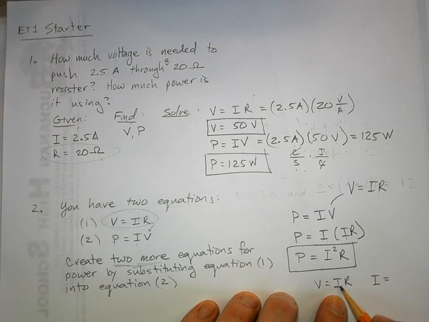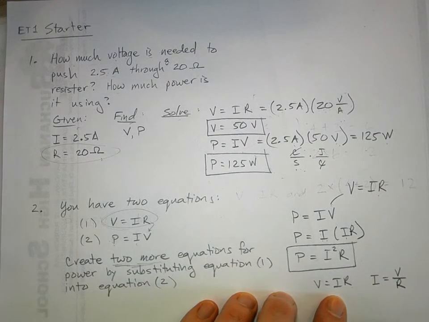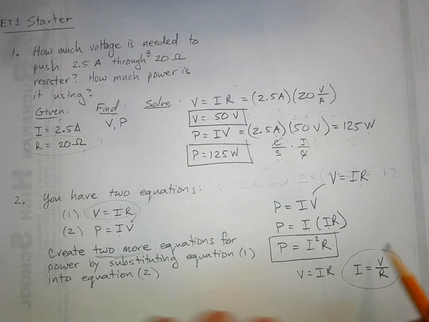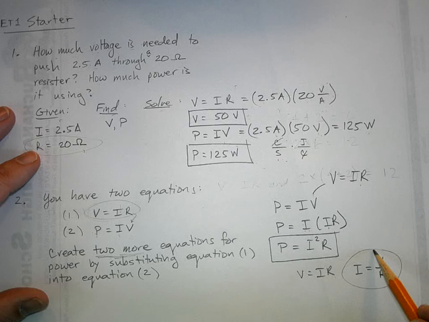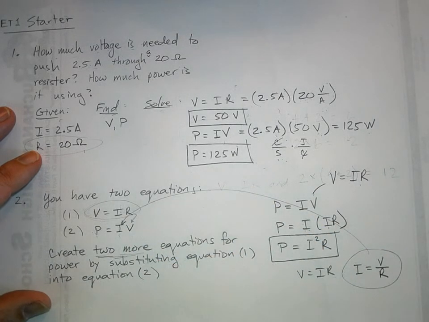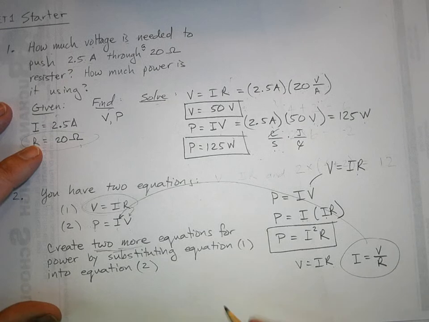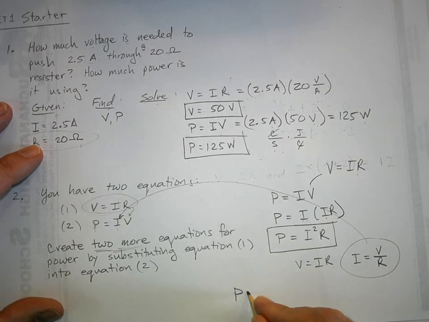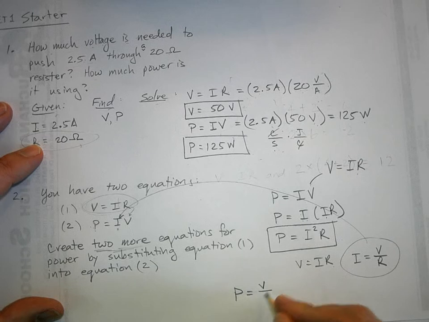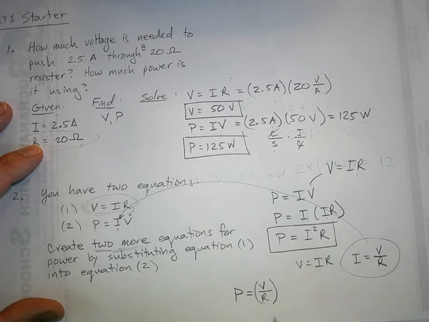Current equals voltage divided by resistance. Okay, do you see that? Then you take this and substitute it in for the I right here. And we say, well, power equals current, but current is equal to voltage divided by resistance.